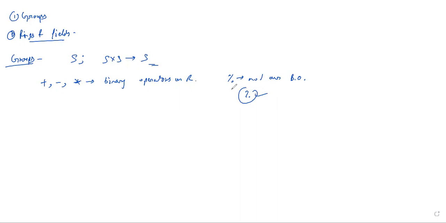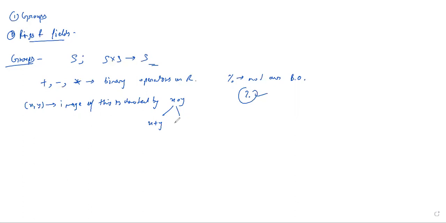For this, let's see that I have an ordered pair x comma y, and the image of this ordered pair is denoted by x o y. If I'm using the addition operator, then I can write it as x plus y.